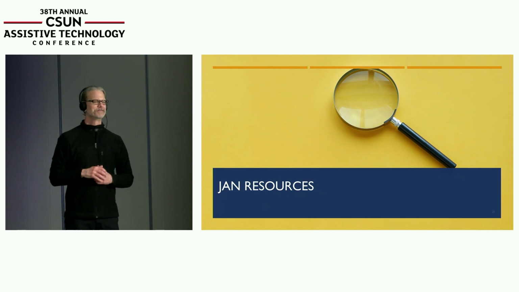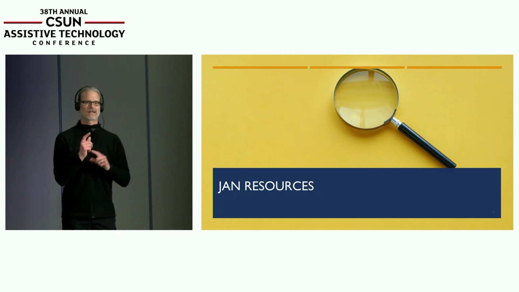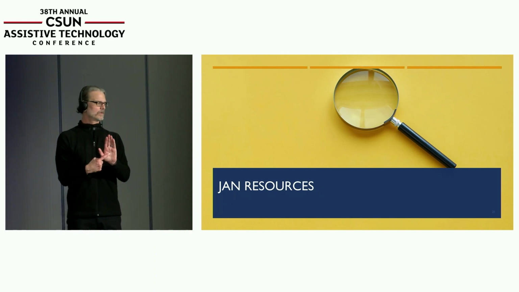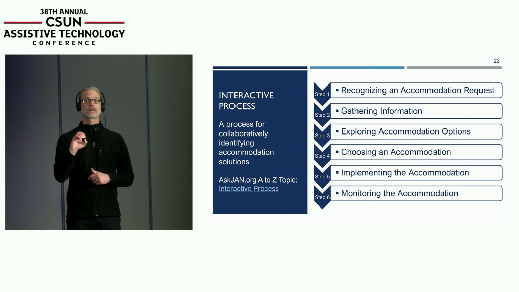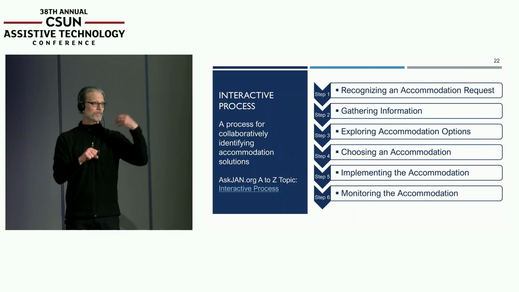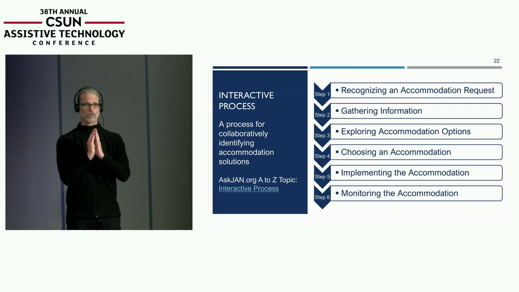So I did just want to take a moment to show you guys an interactive process. All the Equal Employment Opportunity Commission says is that an employer and an employee requesting accommodations should work together in an interactive process. But of course, they did not outline what that looks like in a perfect world.